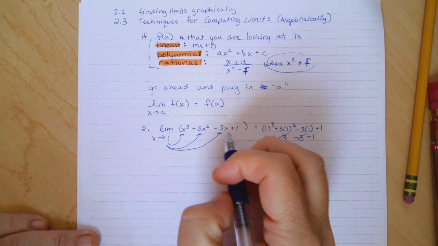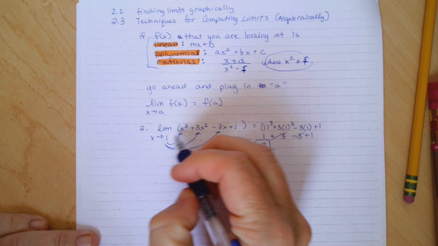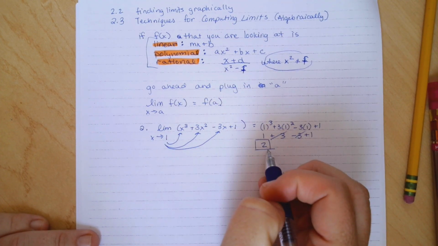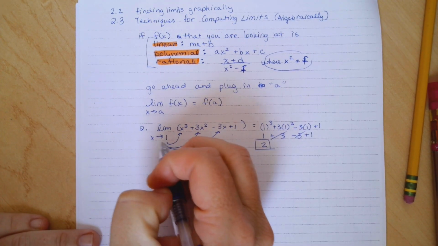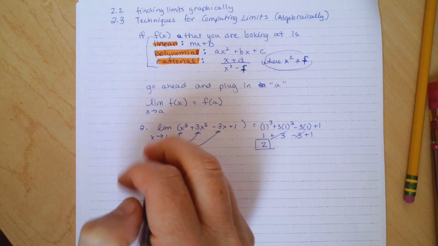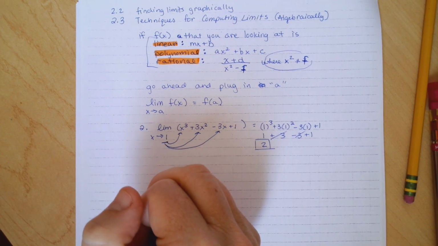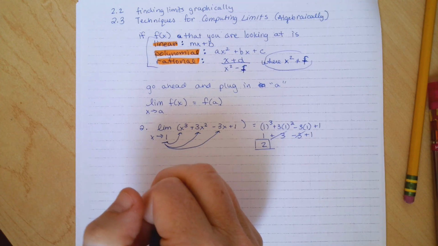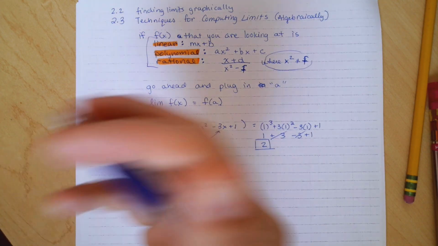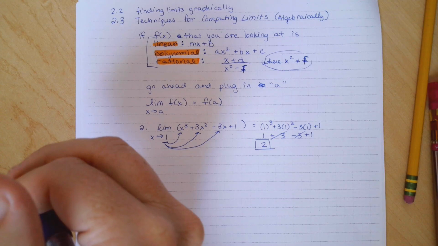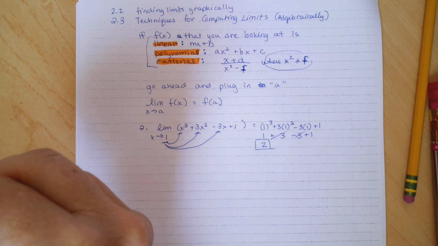Okay, so the limit of this function as x approaches 1 is 2. Again, all we're going to do is plug in this value of a. Anytime it's just kind of normal-ish, that's what we're going to try to do.